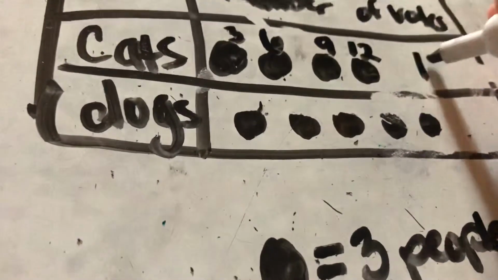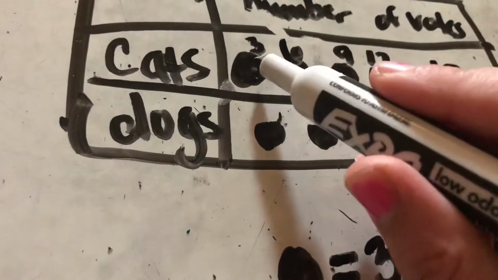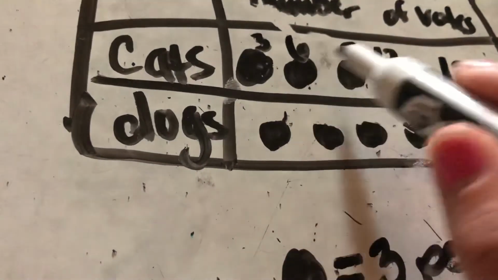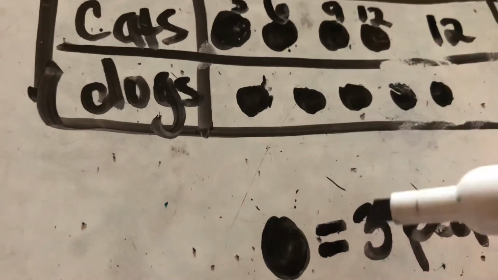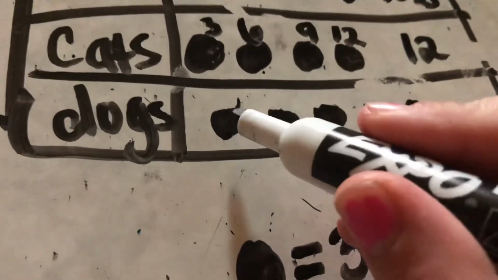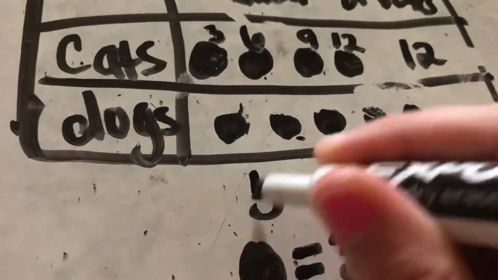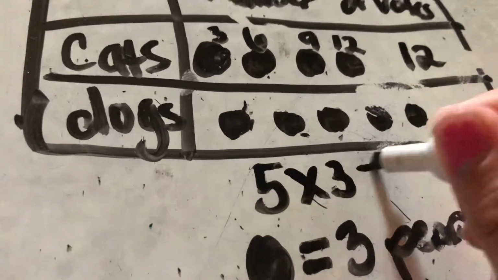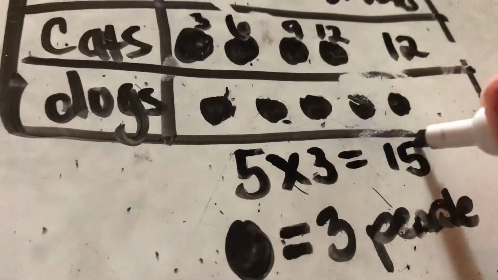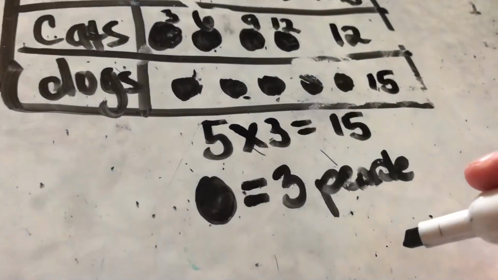So 12 people voted for cats. I used skip counting on this one. This one I can use repeated addition or multiplication. I have 1, 2, 3, 4, 5 groups of 3. 15. So 15 voted for dogs.